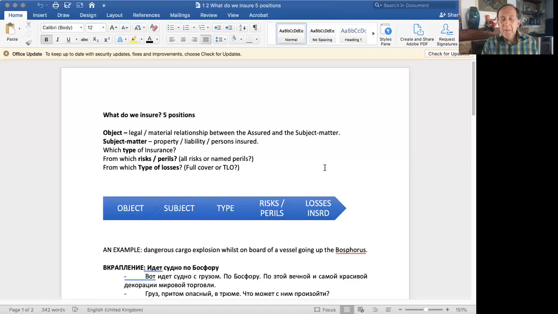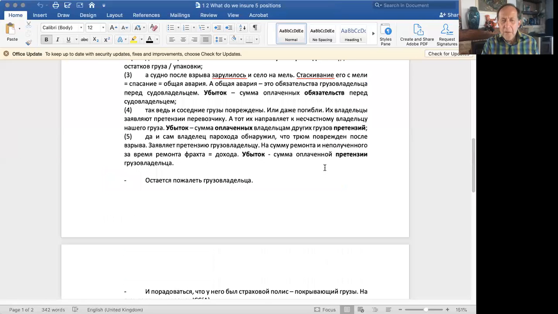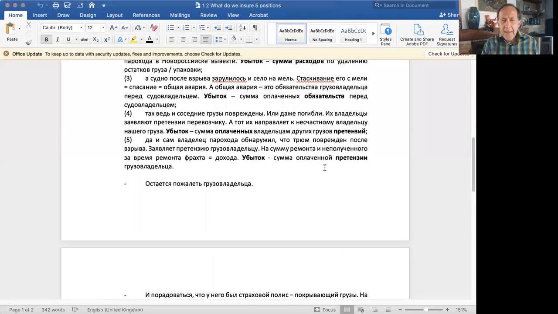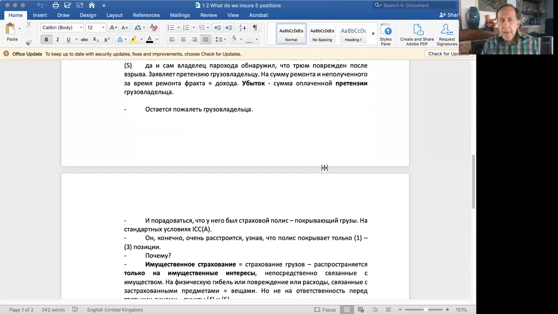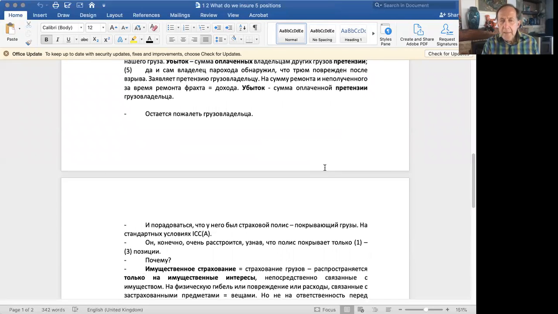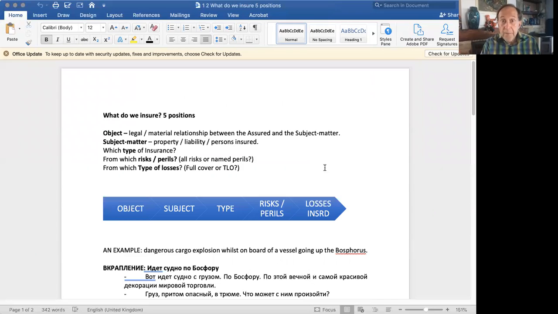I've actually forgotten what I've written myself, but number five will be actual damage to the ship itself. One thing is expenses related to refloating the vessel, and another thing is the damage to the vessel itself. So the damage to the vessel is not general average. The owner of that particular cargo is liable for the damage to the vessel.